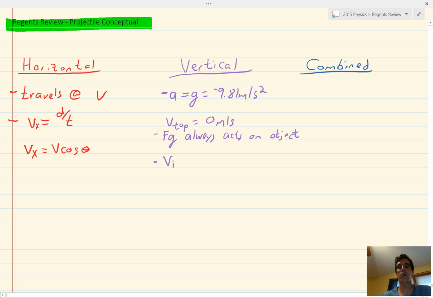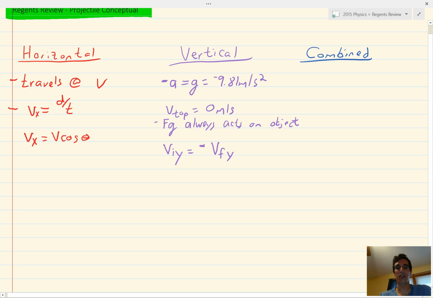So Viy is equal to negative Vfy. So if you throw something straight up with a velocity of 10 meters per second, when you catch it, it's going to go at 10 meters per second as well.